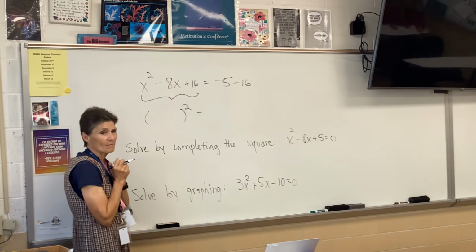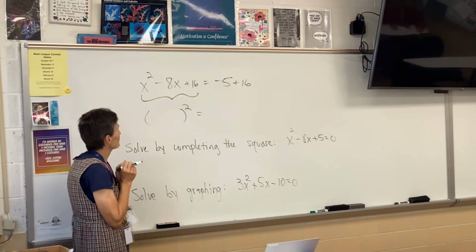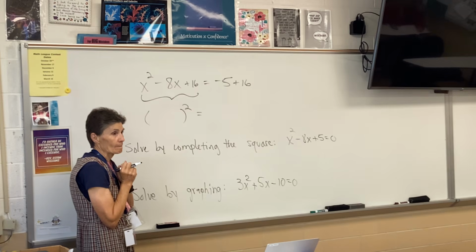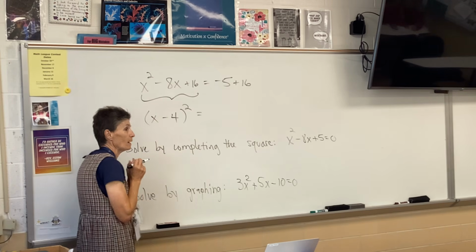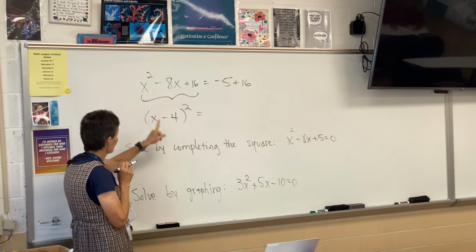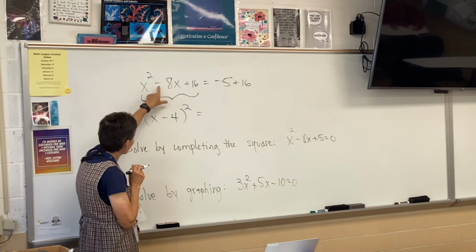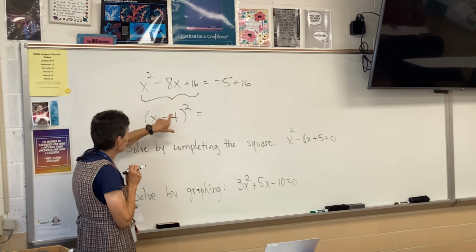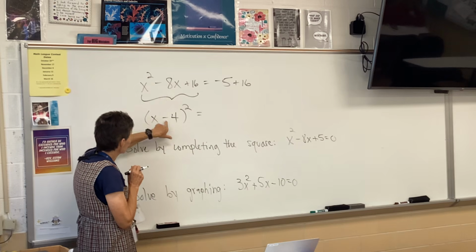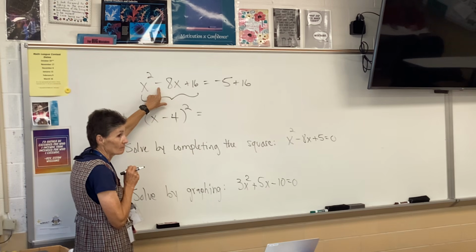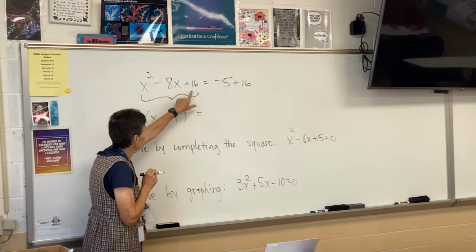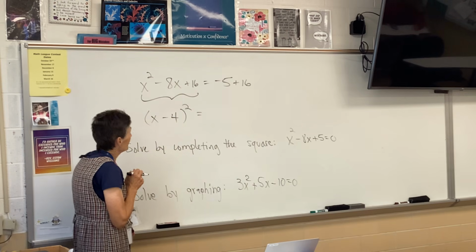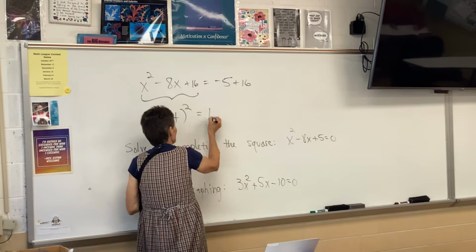What's going to go in that parentheses? x minus 4? Yep, that's exactly what goes in there. Remember, that sign is that sign. Sometimes that will be a plus, but that sign matches that sign. x squared, 4 squared, and that equals 11.